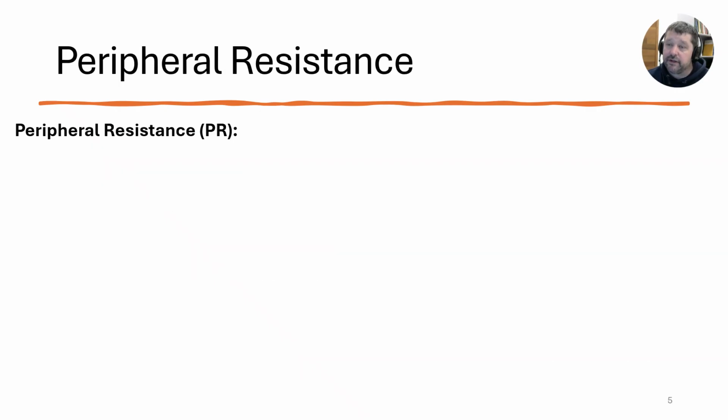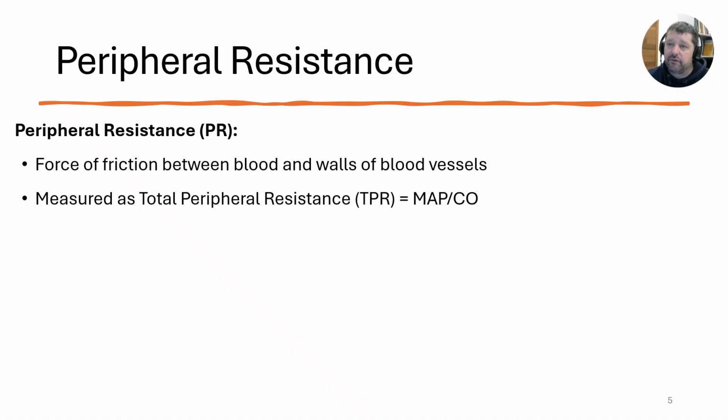Another way that you can alter cardiac output or just alter blood pressure or any of the other values is the peripheral resistance, or the PR. This is the amount of friction that occurs in the blood vessels. So this is basically related to the diameter, in most cases, of the arteries or arterioles.